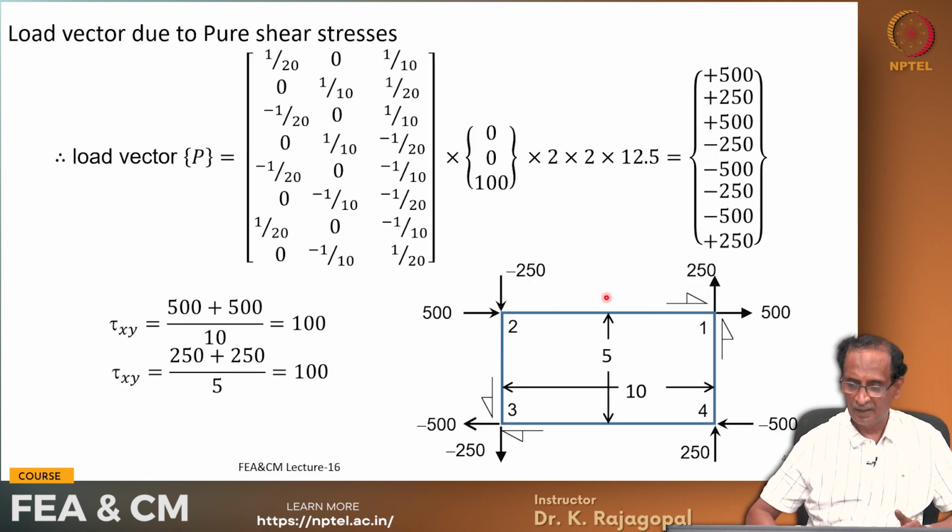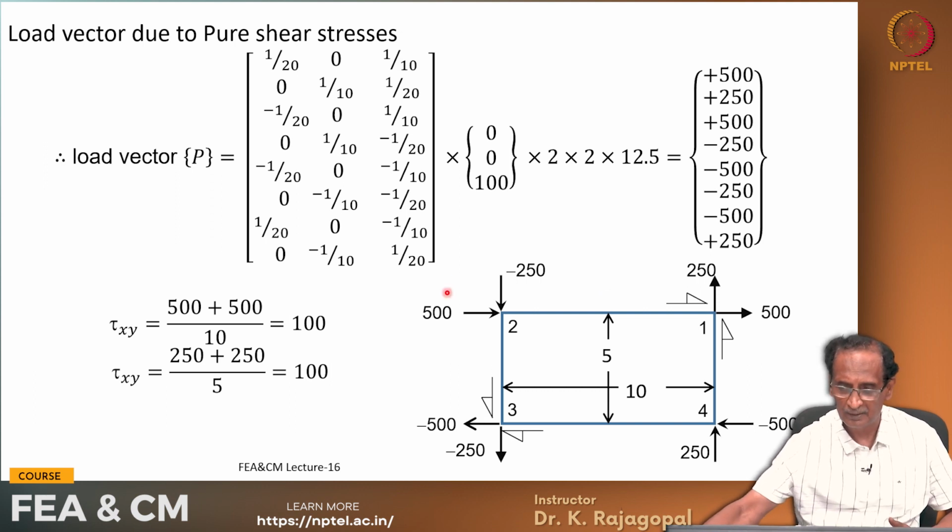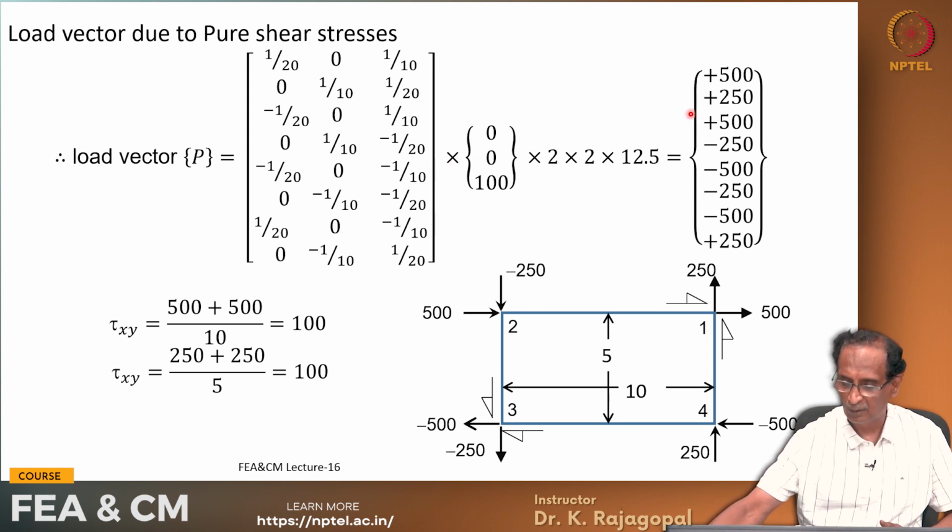And let us consider a pure shear stress. Let us apply a shear stress of 100, and if you do the calculation, the force distribution is like this. So, at node 1 500, 250, node 2 500, 250 going down, and node 3 it is minus 500 and minus 250, node 4 minus 500 and plus 250. Okay.